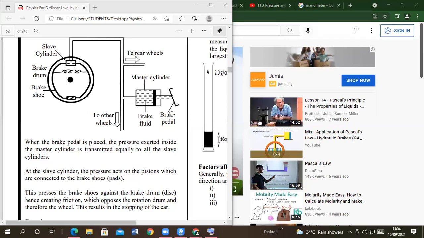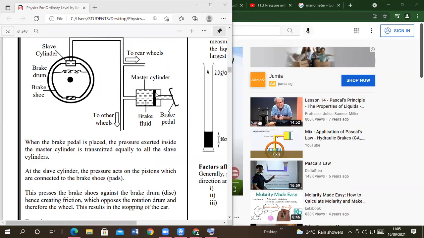In other words, you cannot have air in oil because air is compressible. So the reason why they use the oil, which is the brake fluid, is that the brake fluid is incompressible.